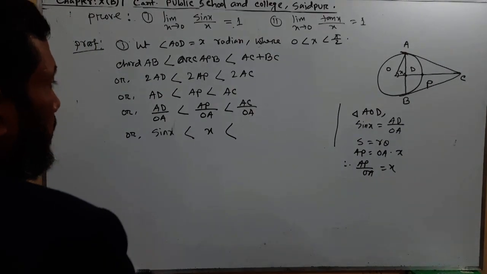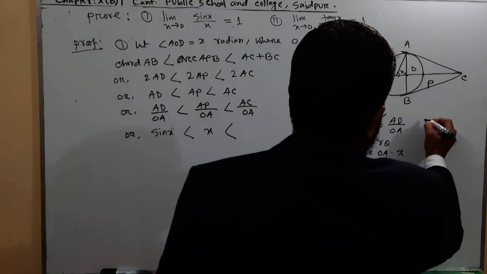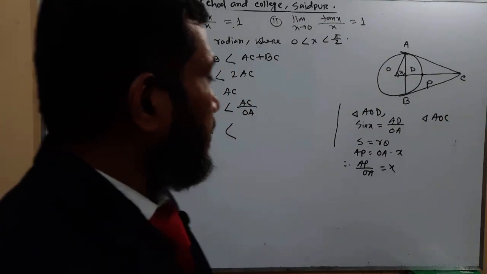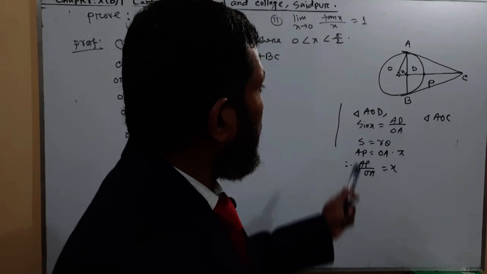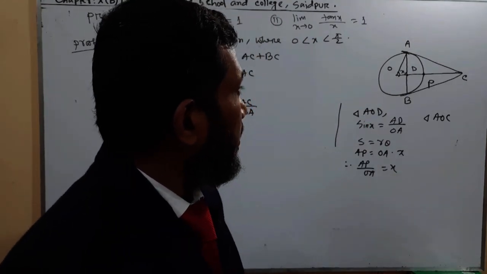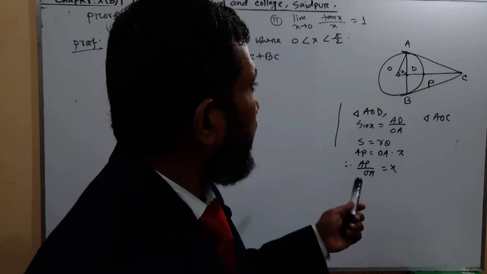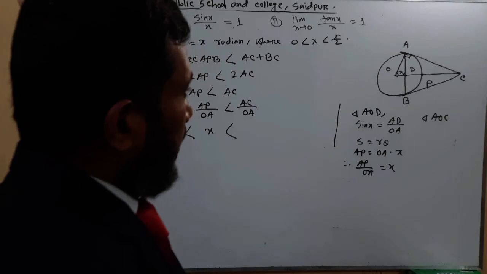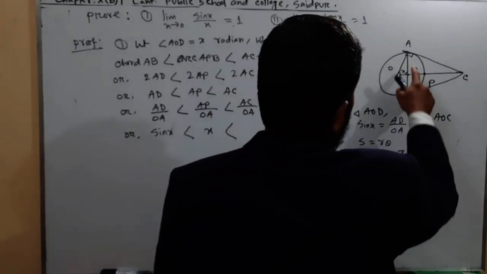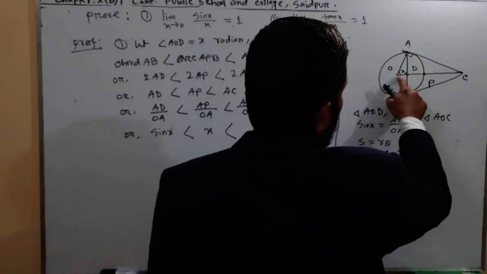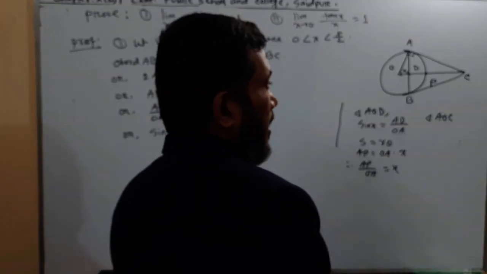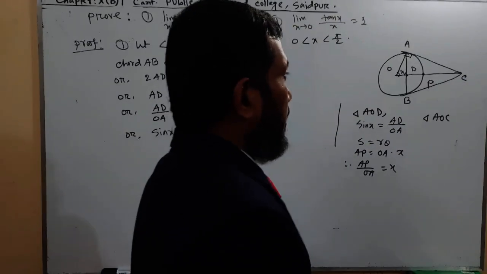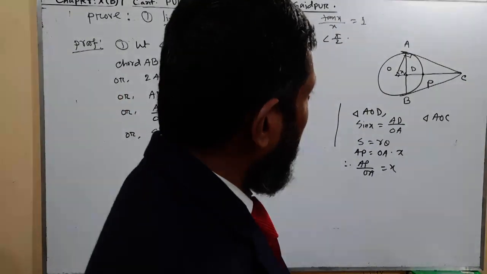Now for triangle AOC, AC is the tangent and A is the point of contact. OA is the radius through this point of contact, so OA is perpendicular to AC. The opposite of the 90 degree angle is OC, the hypotenuse, and opposite of angle x is AC, the perpendicular.